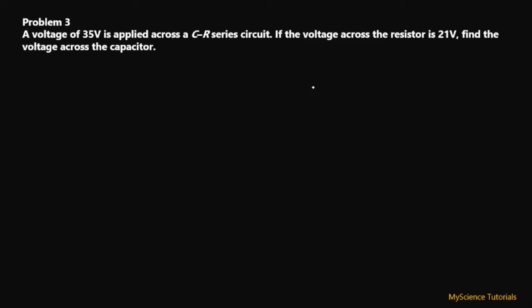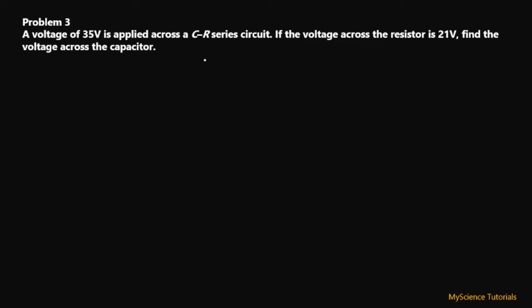All right, so I assume you've paused the video and tried your hands on problem number 3. Now let's have a look at the solution. A voltage of 35 volts is applied across a CR series circuit. If the voltage across the resistor is 21 volts, find the voltage across the capacitor.